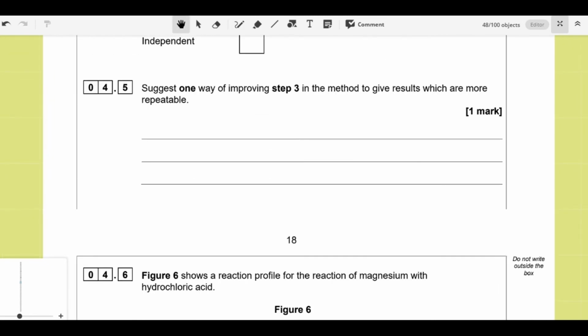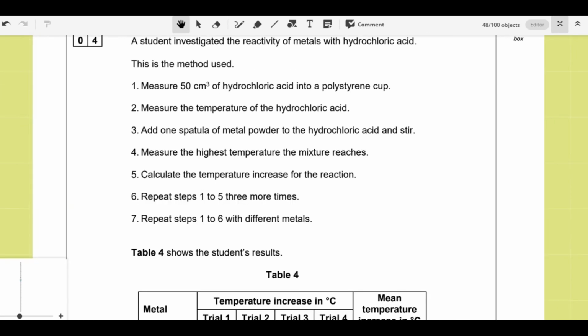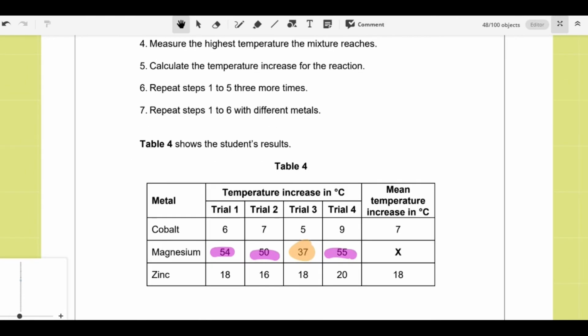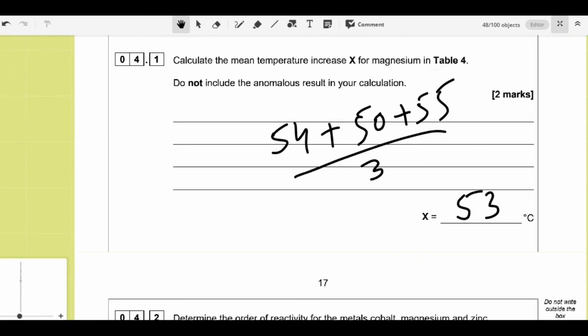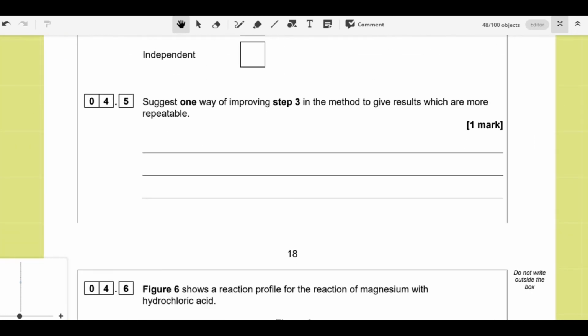Okay, next question, suggest one way of improving step 3 in the method to give results which are more repeatable. So we have to check step 3. Add 1 spatula of the metal powder to the hydrochloric acid and stir. So here you have to write, suggest one way of improving step 3.